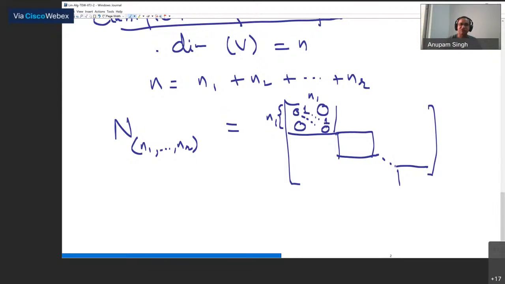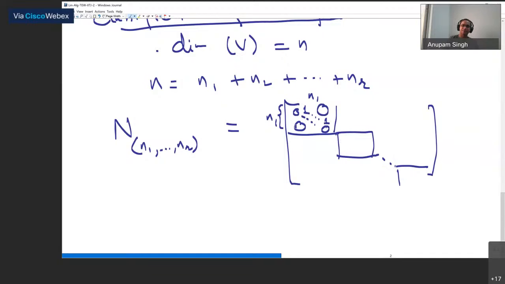So the statement would be that for any nilpotent linear transformation on a vector space of dimension n, there exists a partition of n like n1, n2, nr, and vectors corresponding to n1, vectors corresponding to n2, vectors corresponding to nr, which will give rise to these blocks. I will explain this in a while.